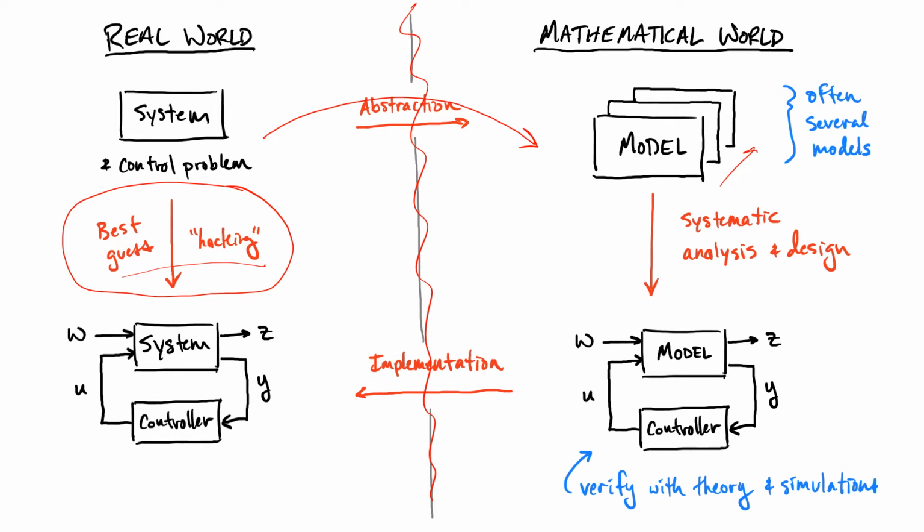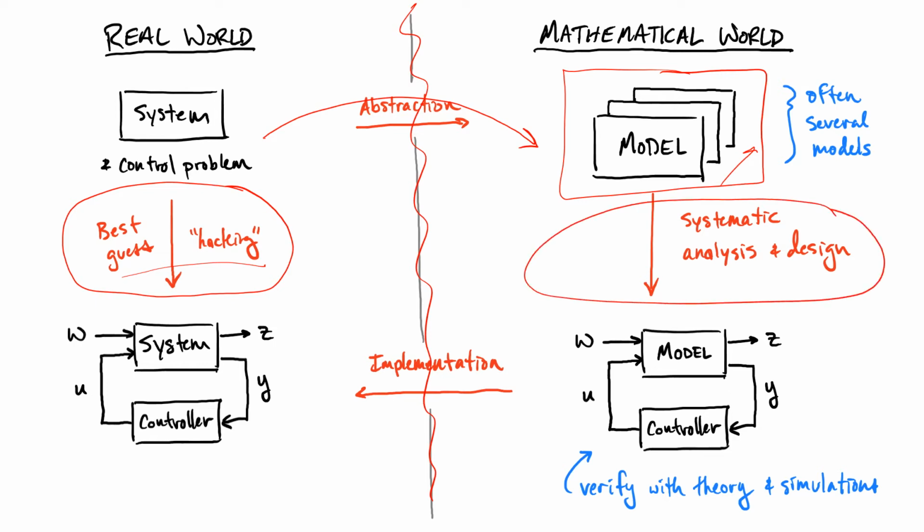But the idea is that once we have this mathematical representation, which is what we're going to call the model, and in this case, a lot of what we're going to be doing, since they're dynamical systems, will be based on differential equation models. So we're going to use those differential equation models and apply, and this is what this course is all about, systematic analysis and design in order to build out controllers that achieve something like what we want to achieve, one of those 4 control goals.